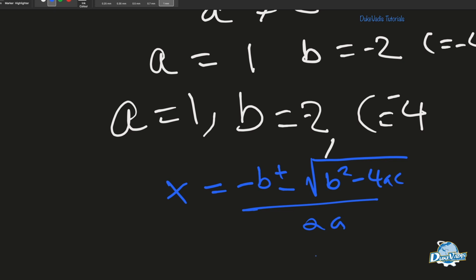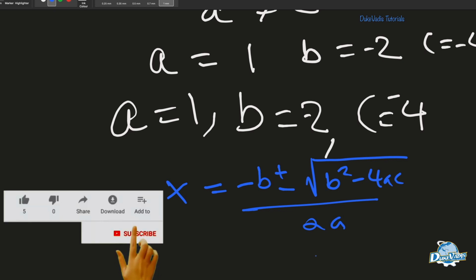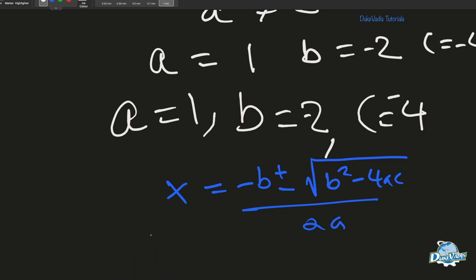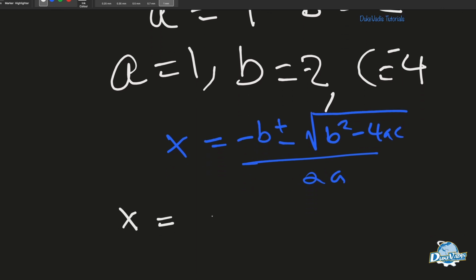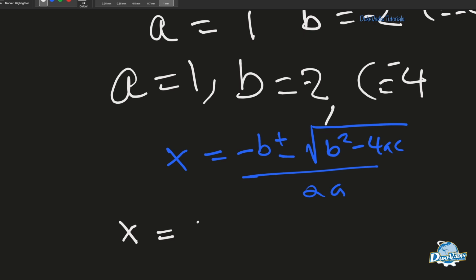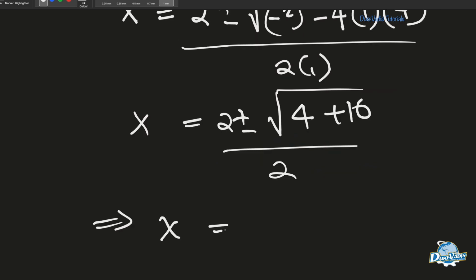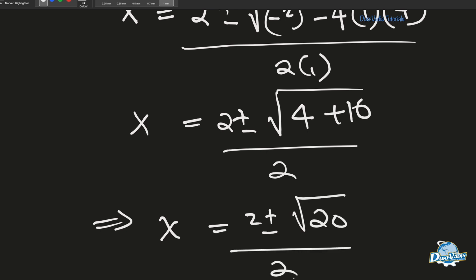So all we gotta do is to put in the respective values, and our equation is solved. So let's substitute the respective values. Now x will be equal to -b. Now b is -2, so x is equal to 2 plus or minus square root of 20 all over 2.